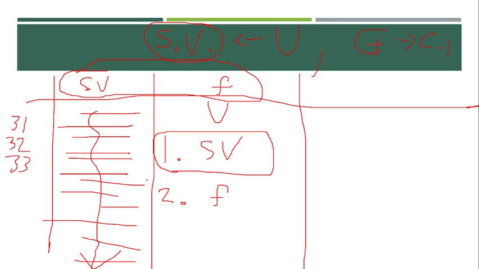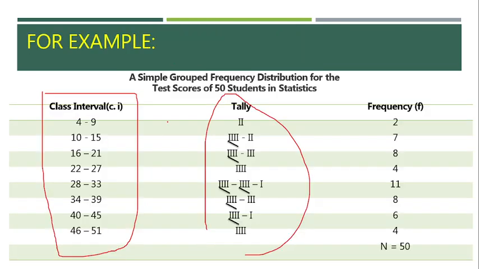When we are trying to find frequency, how many times did your specific value show in your raw data? That's what you're going to put. But that's why I didn't write it all down, because it might take a long time. So let's focus on the grouped frequency distribution for this example.